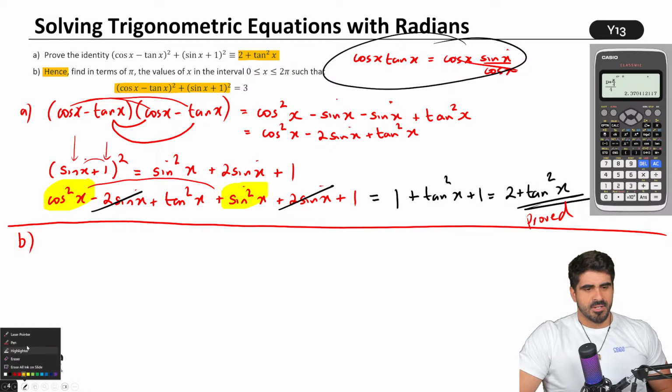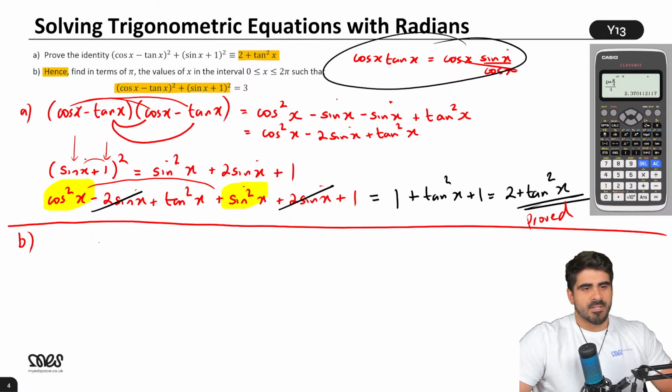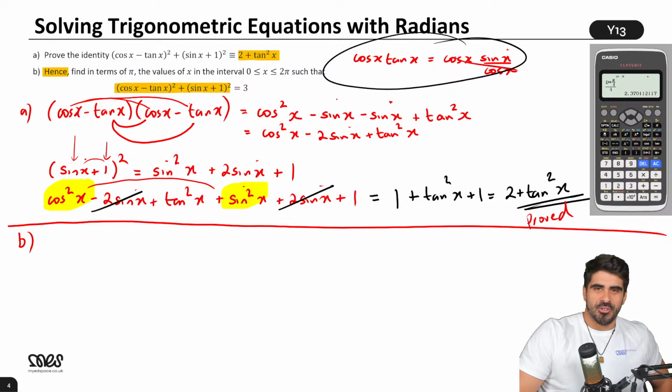I'm not sure I understand, Carla. Cos x plus sine x doesn't equal anything. Cos squared plus sine squared does, but not cos plus sine. Carla, take your time, write your question, your situation properly, and I'll be able to answer it.